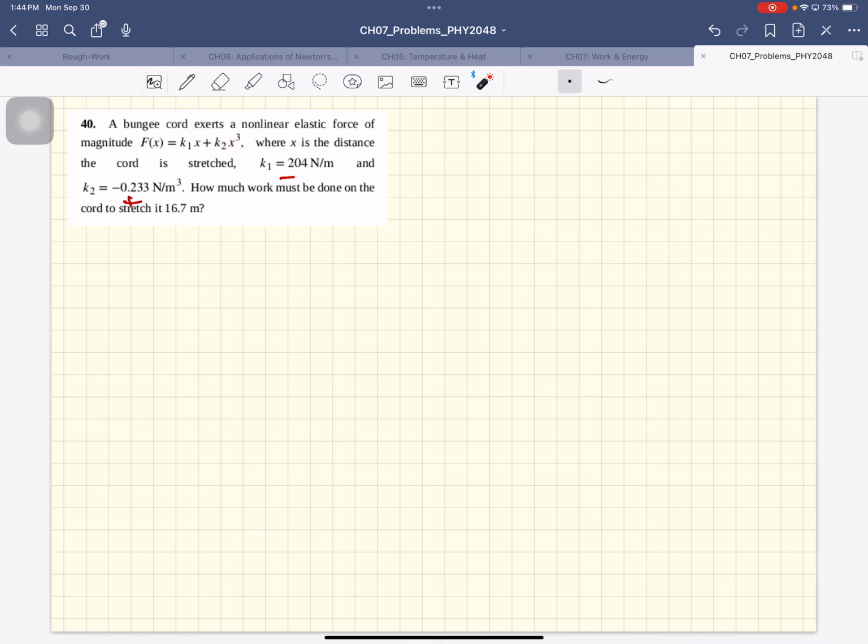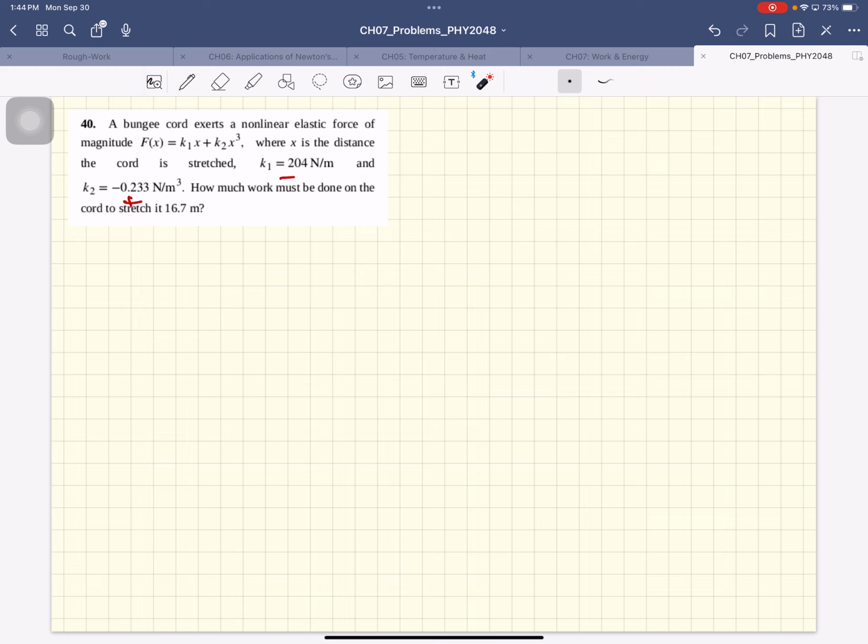When you learn differential equations, you'll see nonlinear differential equations are hard to solve. So anyway, there's a typo in this problem. So K1 should be negative 204 Newton per meter. And so when the initial stretches, mostly this term contributes, and when the stretch is large, then this term starts contributing.